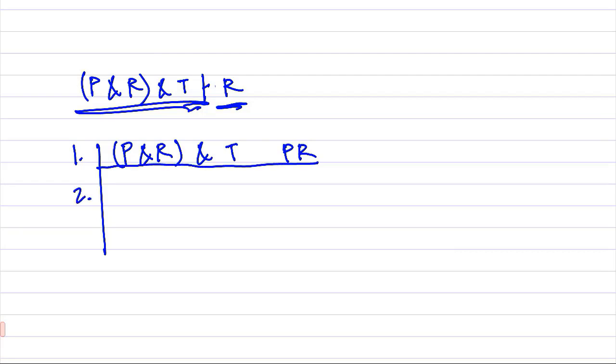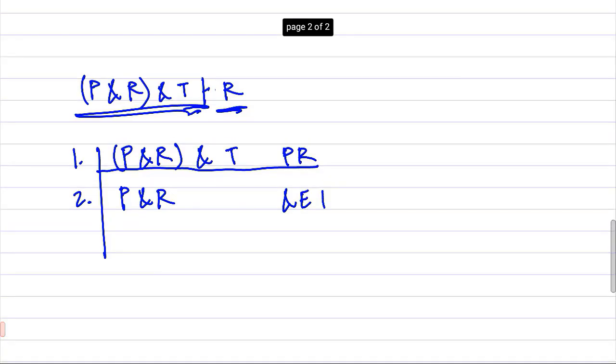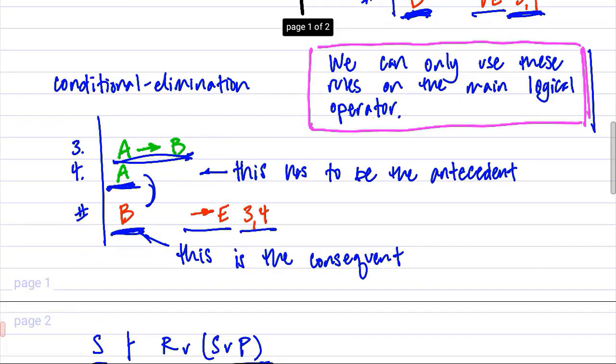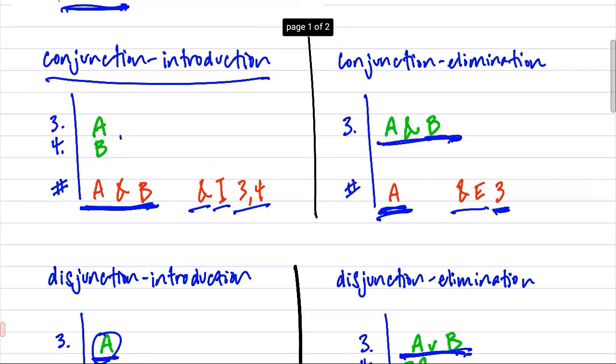Line 2, okay, we want to put P and R on a new line. So what we're using here is the conjunction elimination rule. Recall the conjunction elimination rule looks like this.